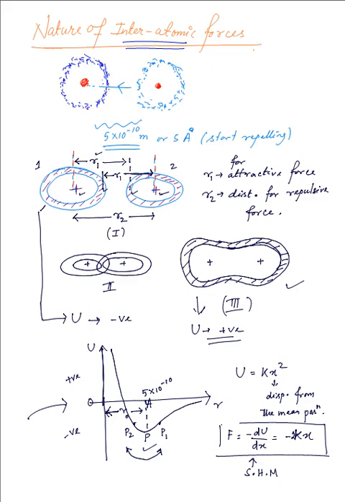Now, just like the case of the interatomic forces, we can have intermolecular forces as well. So we can consider intermolecular forces. And these intermolecular forces have the same properties as that of the interatomic forces, just the difference being that the molecules are composed of atoms.